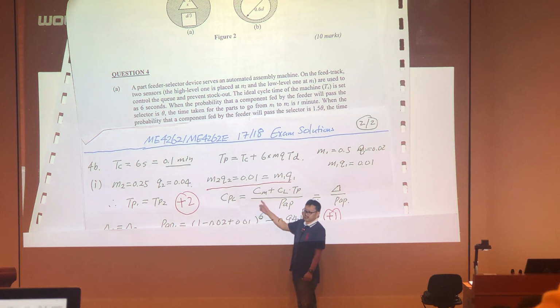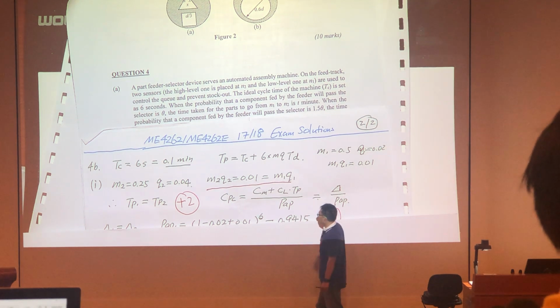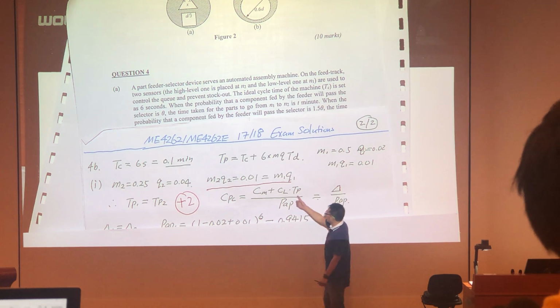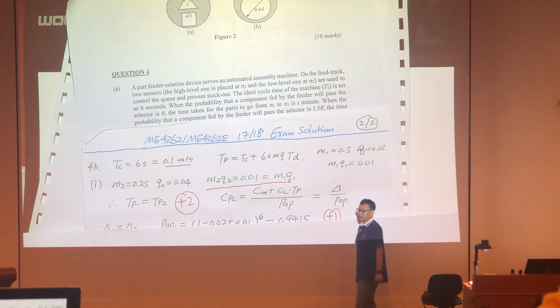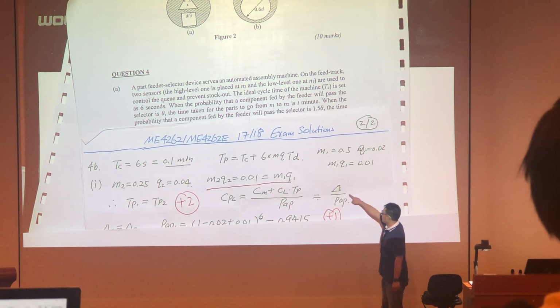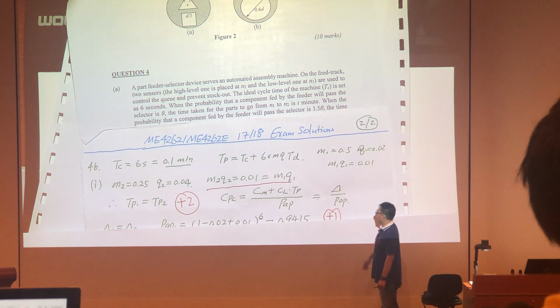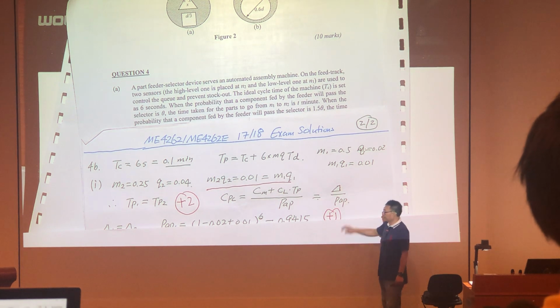Inside that, this is the general equation for CPC, CM plus CL times TP, plus tooling cost 0. So apparently the top part, the denominator, is unchanged. But the number of good assemblies will change, so only this portion.